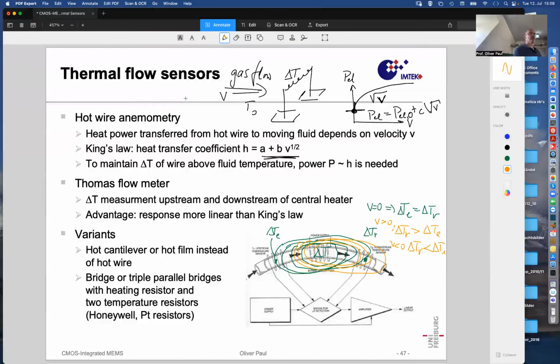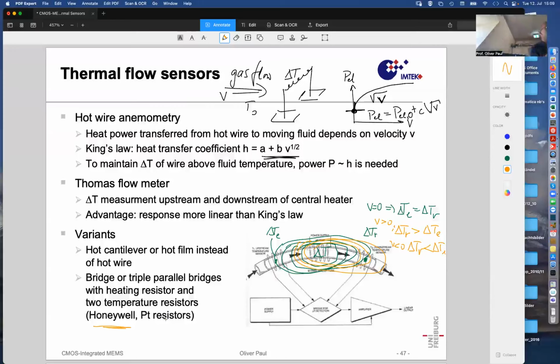That is a way to do that. So there are structures out there, but they suffer from this King's law behavior. And then there are bridges and triple parallel bridges with heating resistors and temperature resistors. Honeywell has implemented them with platinum resistors, and Bosch has these sensors also to measure gas flow.